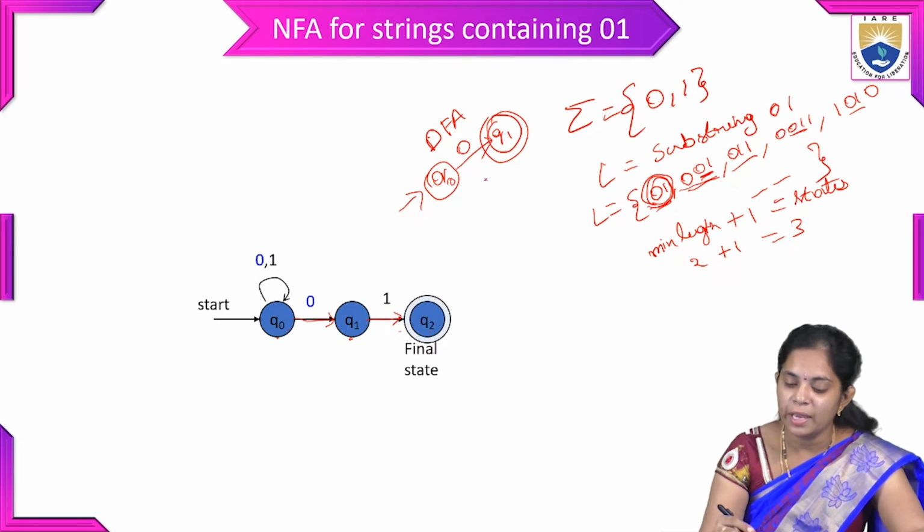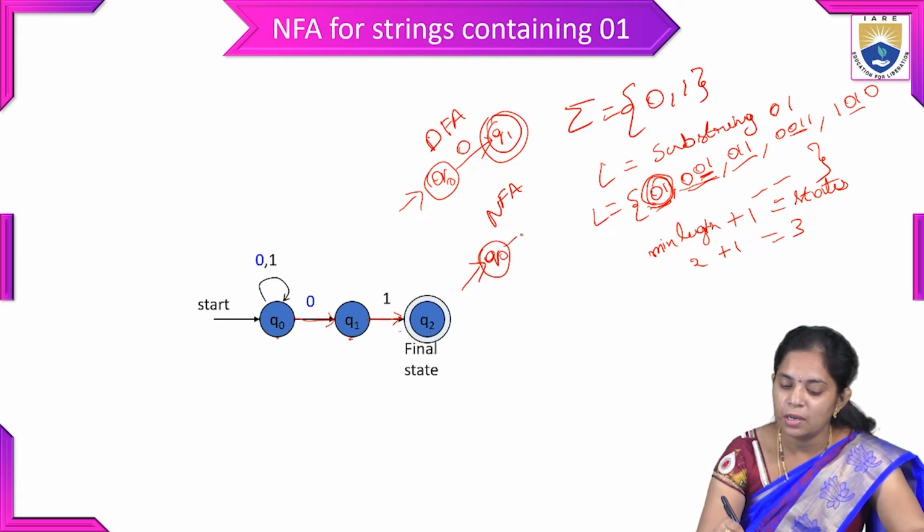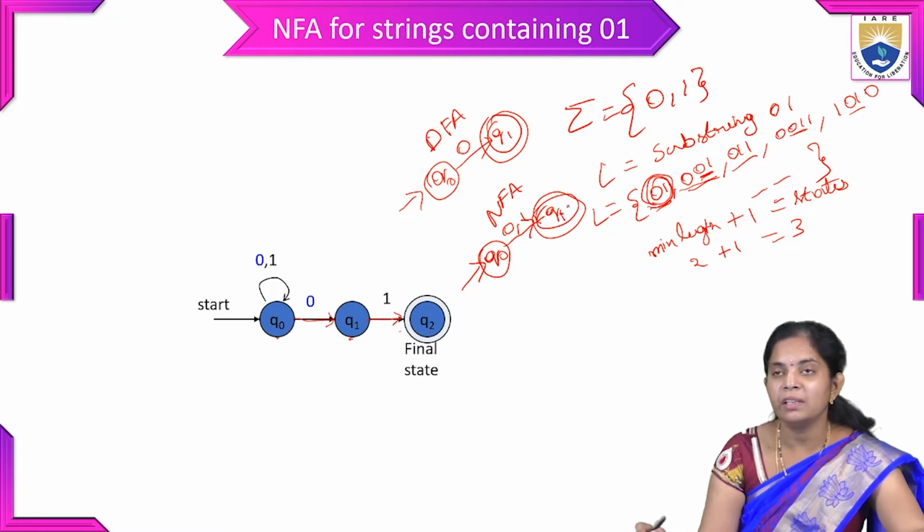This is DFA. In an NFA, if you take Q naught as the initial state, it can have 0 and 1 both. So here is the main difference.